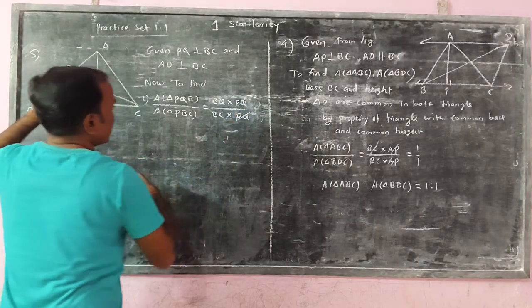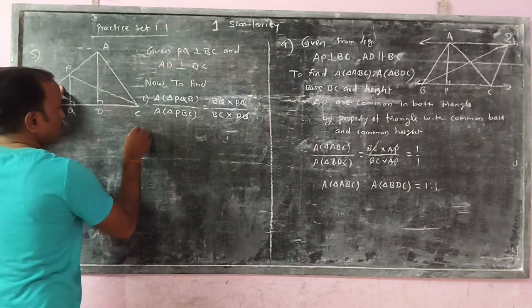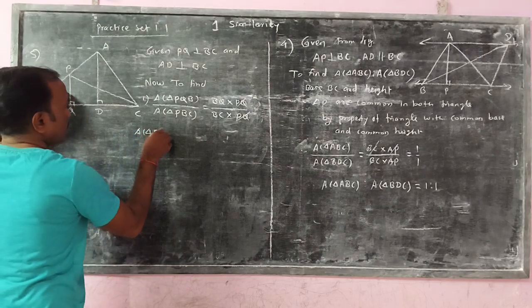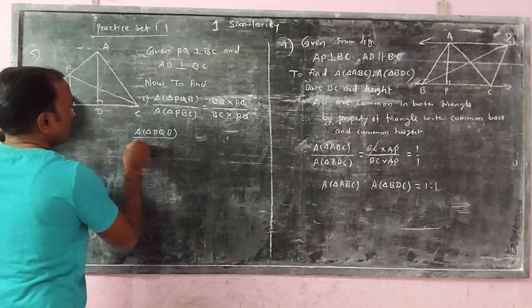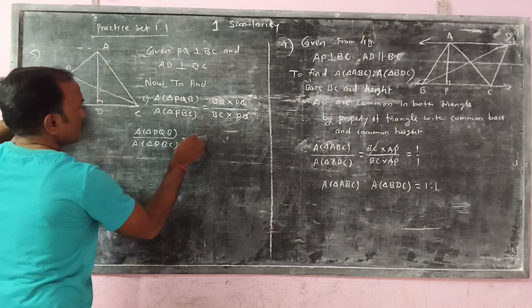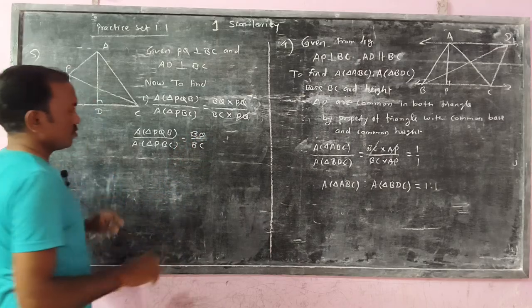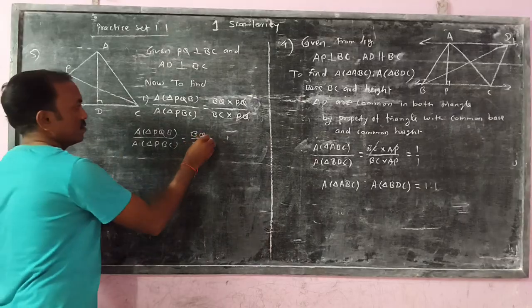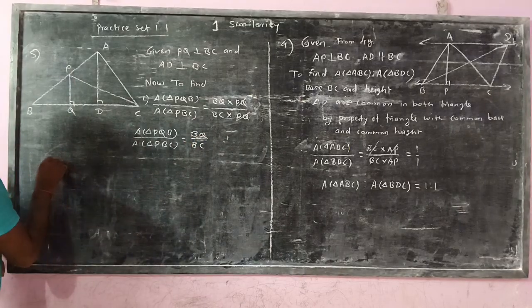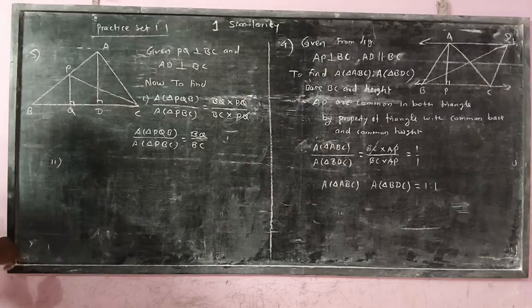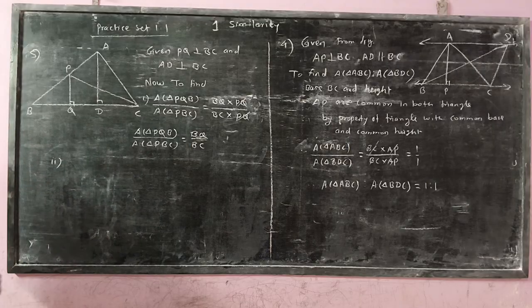So PQ gets cancelled. Therefore, area of triangle PQB upon area of triangle PBC equals BQ by BC.